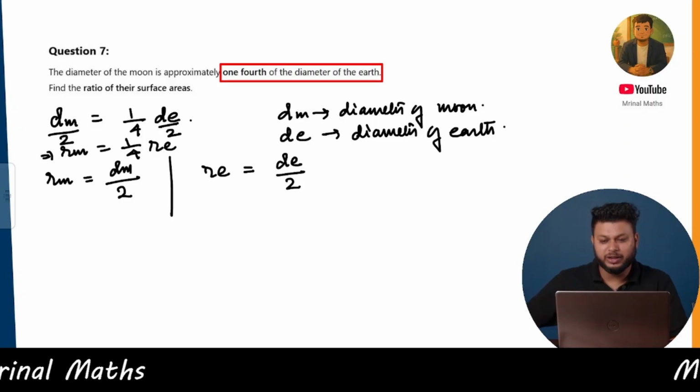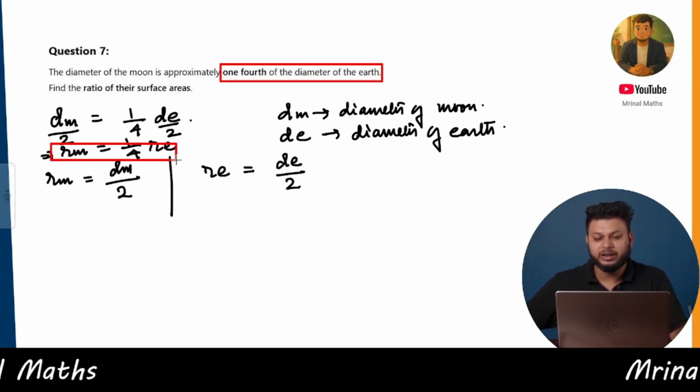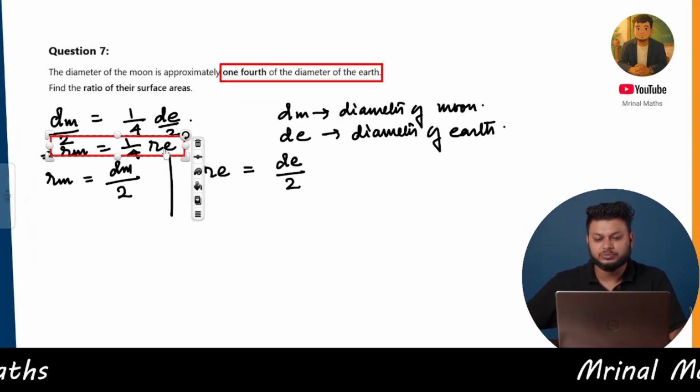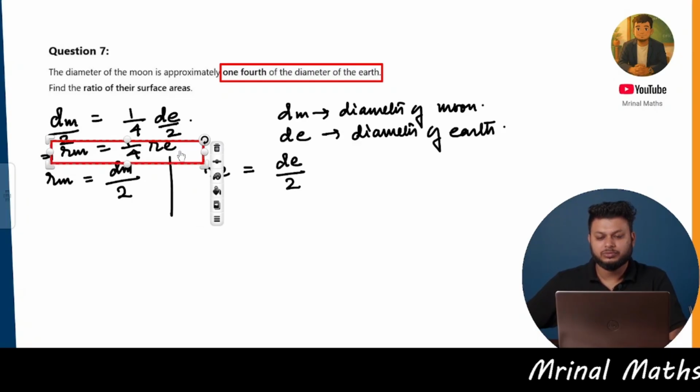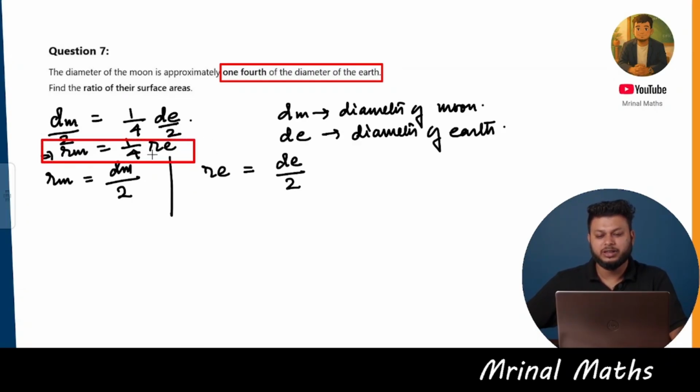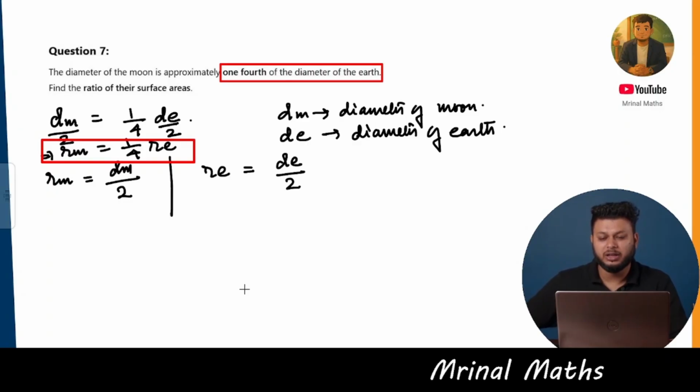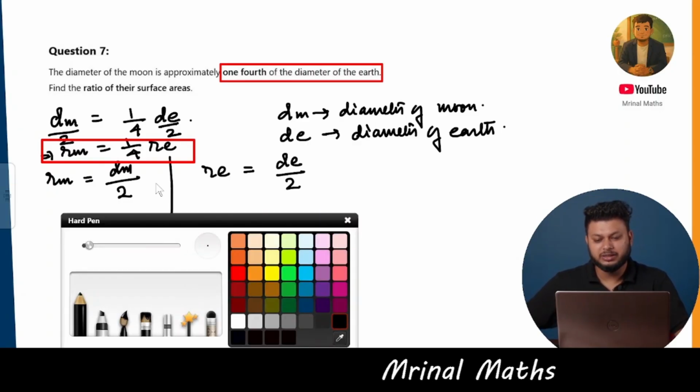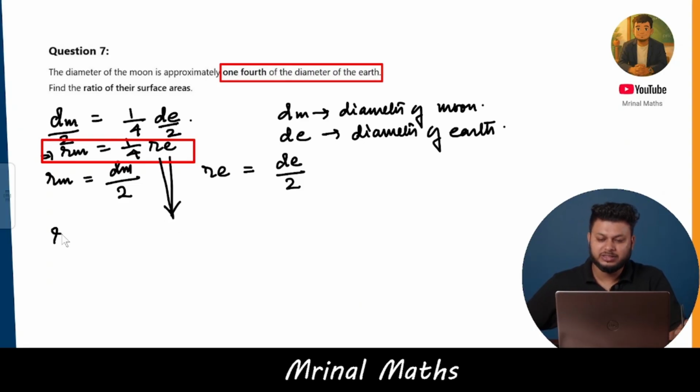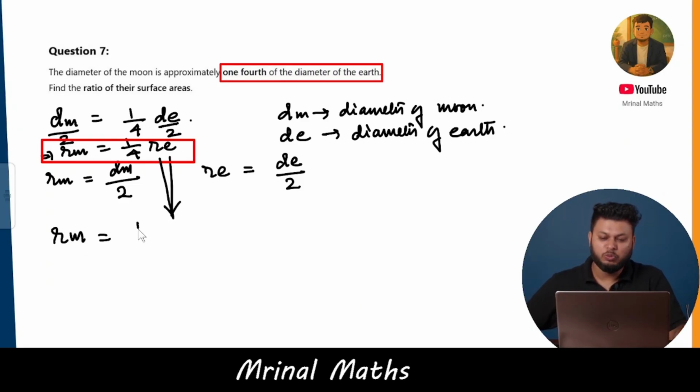Now this is your very important point. Radius of moon is 1/4 the radius of the earth. Okay, so let me write it neat for you. Radius of moon is 1/4 radius of earth.